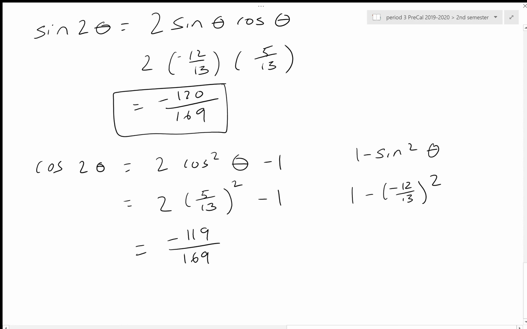Oh wait, sorry. Forgot the 2 here. Okay, that works. Still get negative 119 over 169.